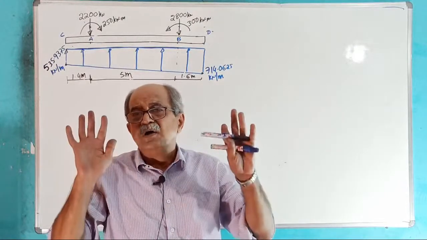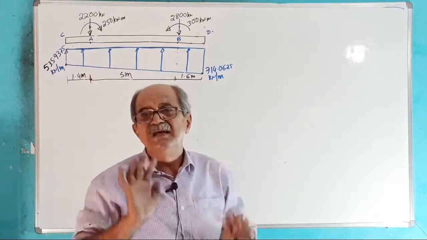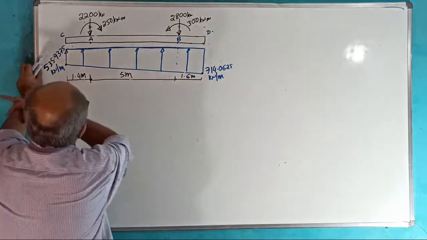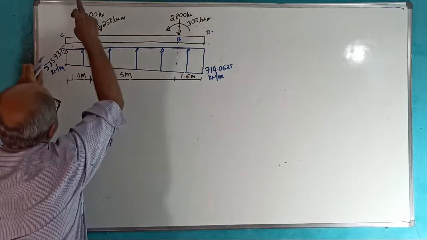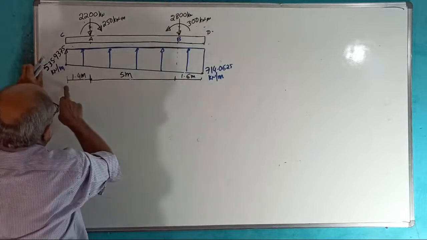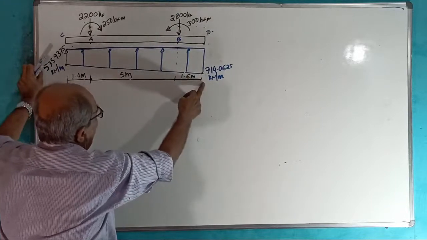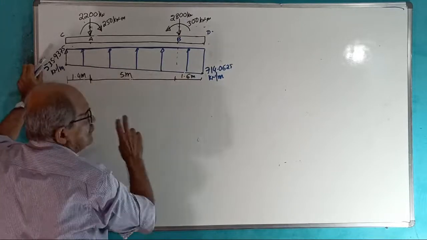So now the question for our SFD and BMD part is simple. Beam of length 8 meter loaded by 2 point loads 2200 kN, 2800 kN at 1.4 from left and also at 1.6 from right, so that between them is 5.